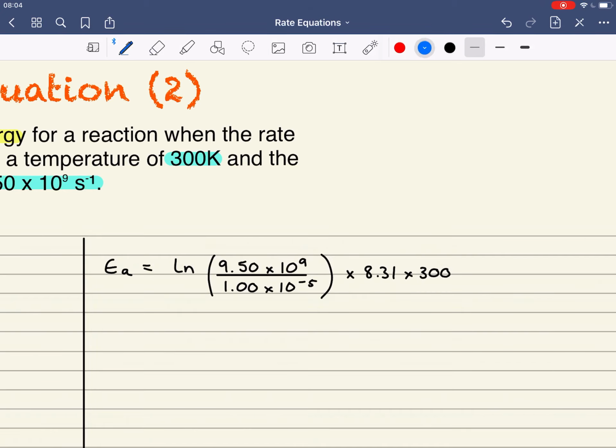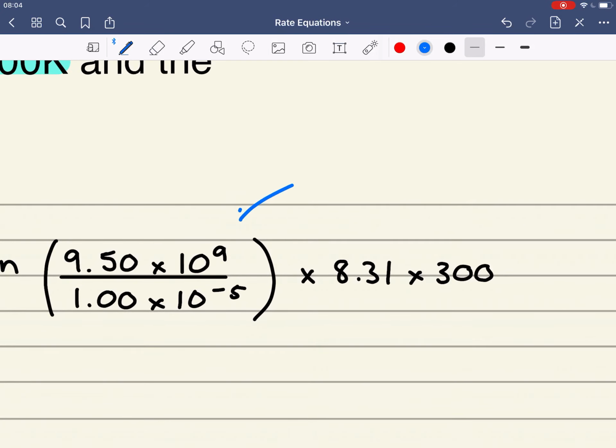I think when you do this log form, you should get a number around 34.5, maybe just under 34.5.